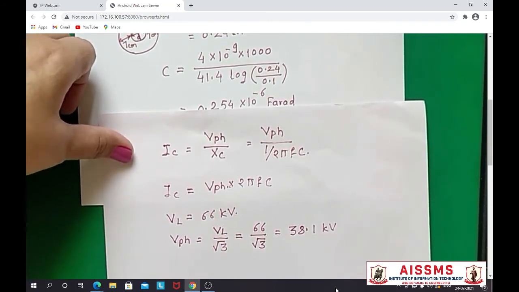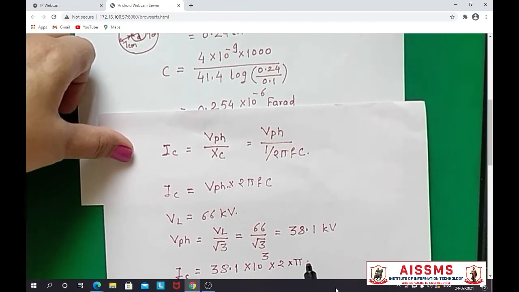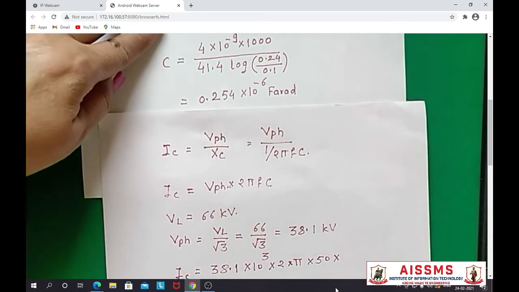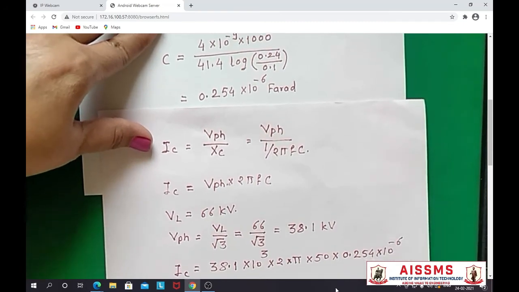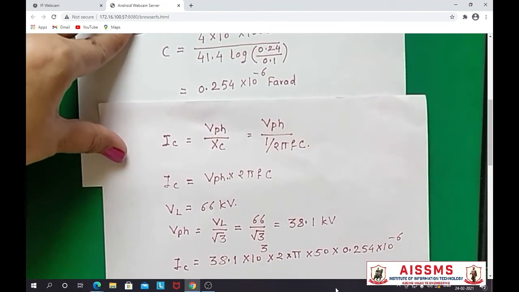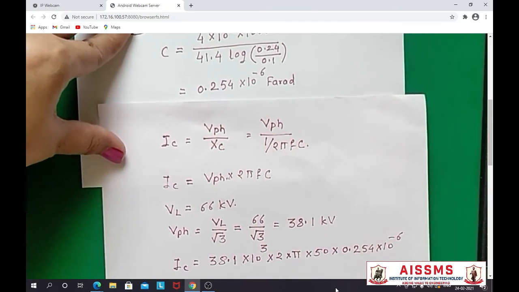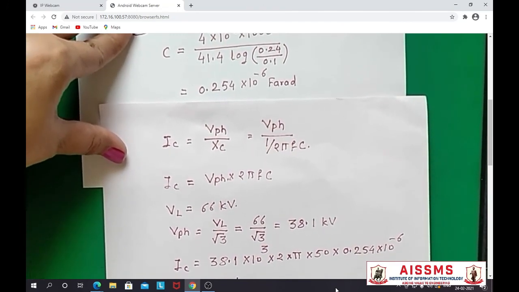Now, we can find charging current as 38.1 into 10 raised to 3 volts into 2 into pi into 50 hertz frequency into the capacitance, 0.254 into 10 raised to minus 6 farad, and the charging current is coming to be 3.04 ampere.